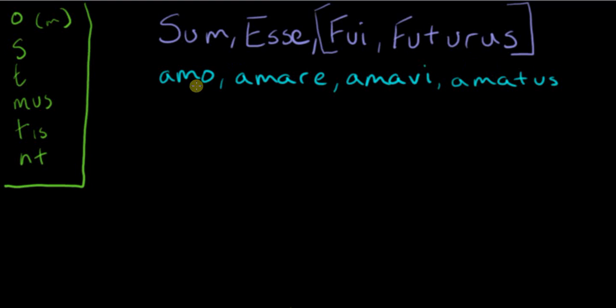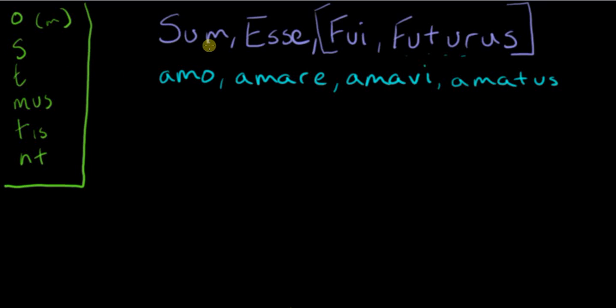And as you can see here, we've got the same stem all the way through. We've got the am. Whereas the verb to be is just a bit weird. It just does its own thing. You can actually see here, though, if you're interested, the futurus, that's where the word future comes from. So let's go through the present tense of sum then.